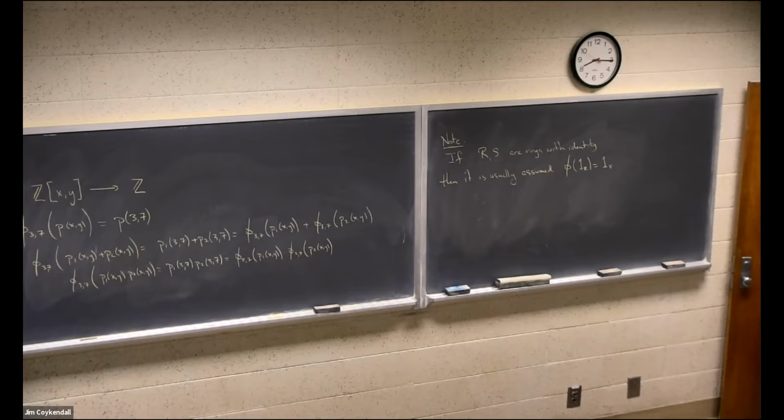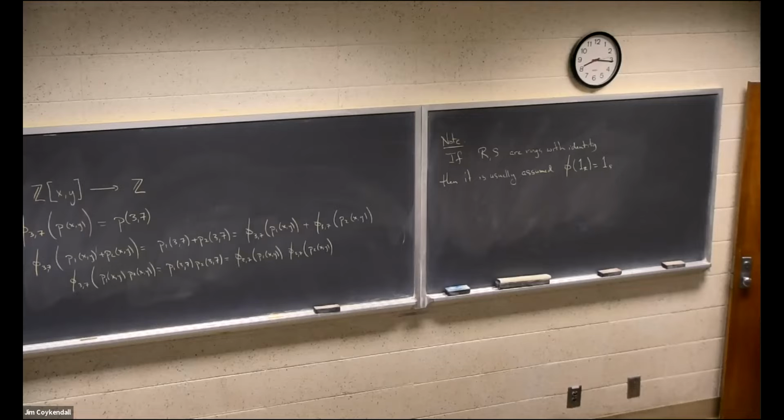A good example is this one right here. Suppose R has an identity, then R sum R has an identity, namely 1, 1. But notice the phi of the identity is not the identity here. I could modify this and take R to the ordered pair R comma R, and then that would work.